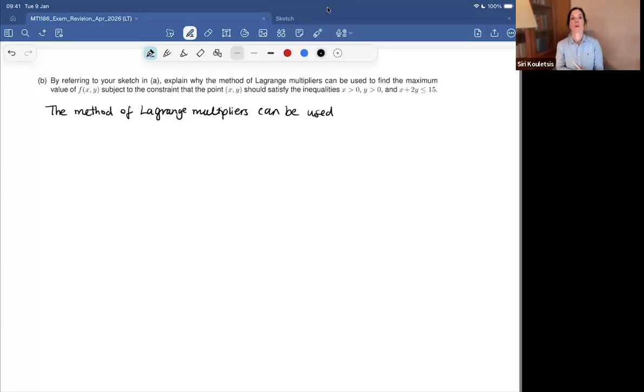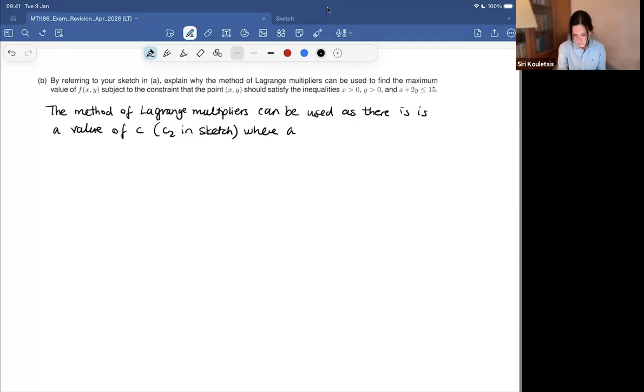So what we've learned in the course is that the method of Lagrange multipliers can be used as there is a value of C, in my sketch that's C2, where a contour of F is tangential to a boundary of R. And which boundary is that?